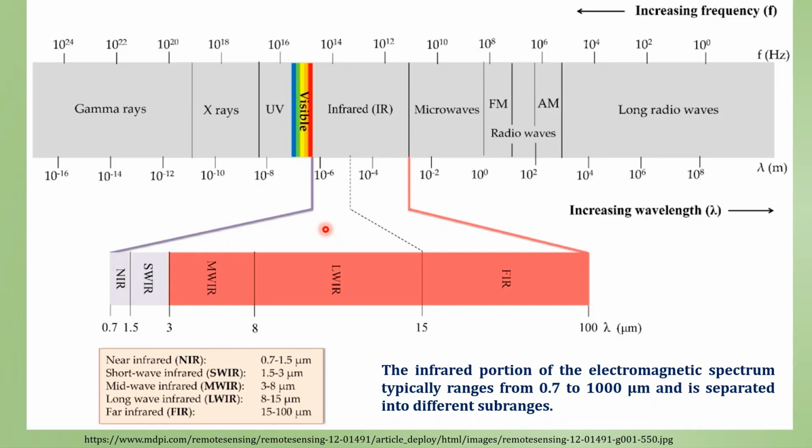The emitted long wave radiation from the earth lies in the infrared portion of the electromagnetic spectrum, and this infrared ranges from 0.7 to 1000 micrometer, and it can be differentiated into near infrared, short wave infrared, mid wave infrared, long wave infrared and far infrared, depending upon the wavelength range.